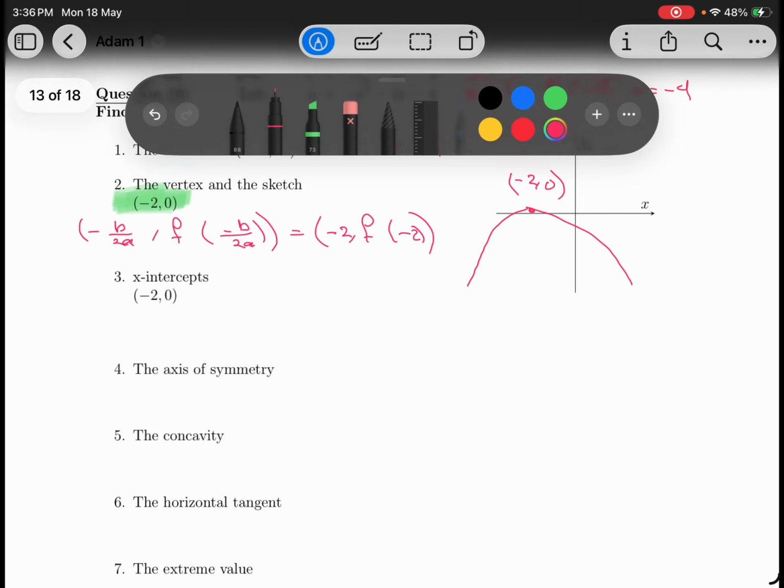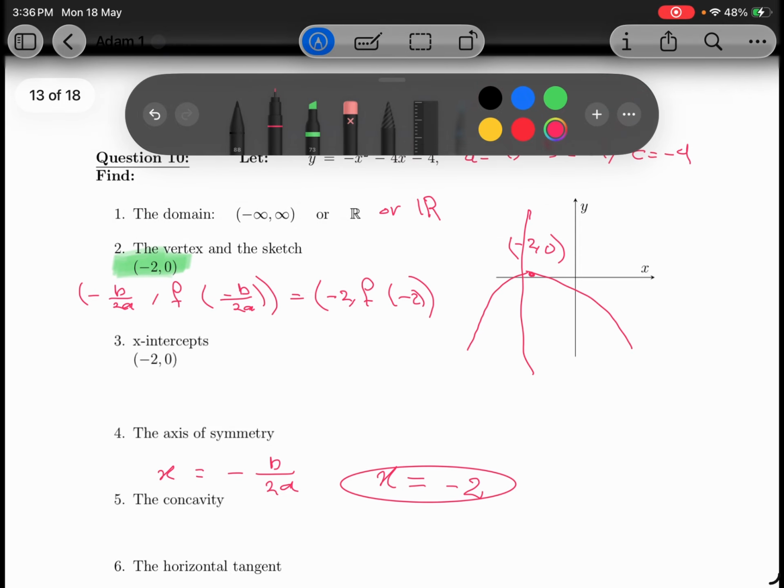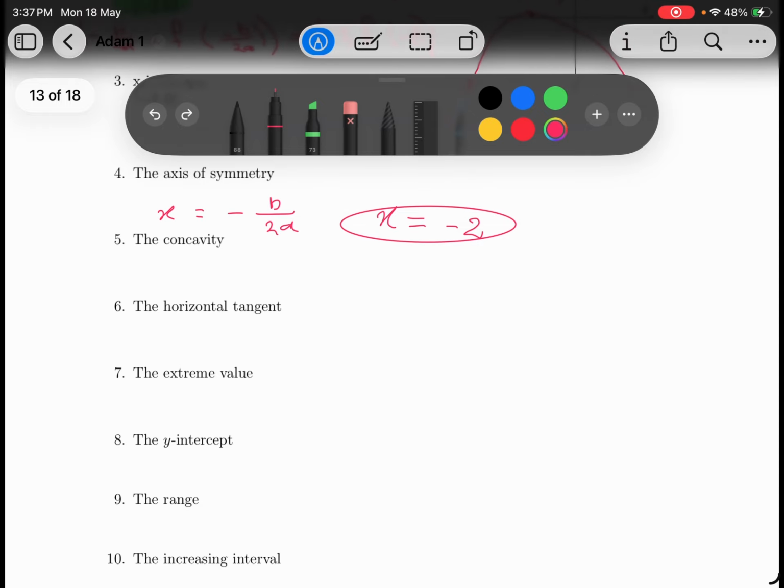And the axis of symmetry will be x equals minus b over 2a, which is the x coordinate of this vertex, minus 2. So here, guys, is the axis of symmetry for this parabola. This line here splits it into 2 equal parts and passes through the vertex.